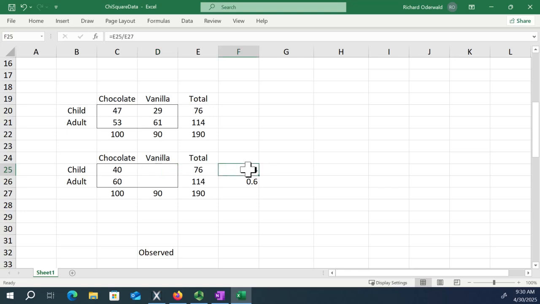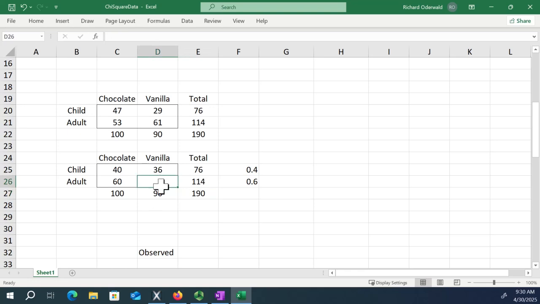Here, 40% are in this child line, and 90 is in the vanilla. 40% of 90 is hopefully 36. And this is going to be 76 times 100 divided by 190. If you make it mechanical, it's purely that.